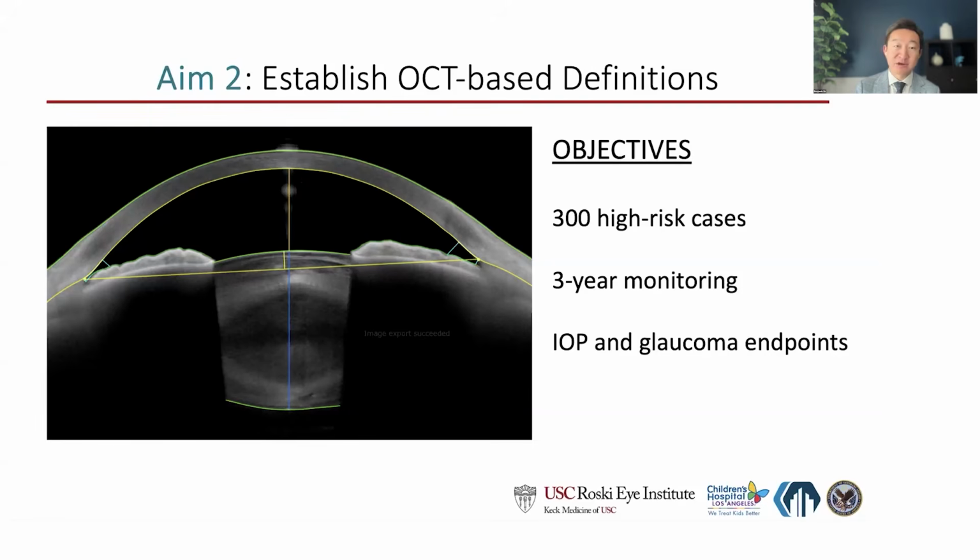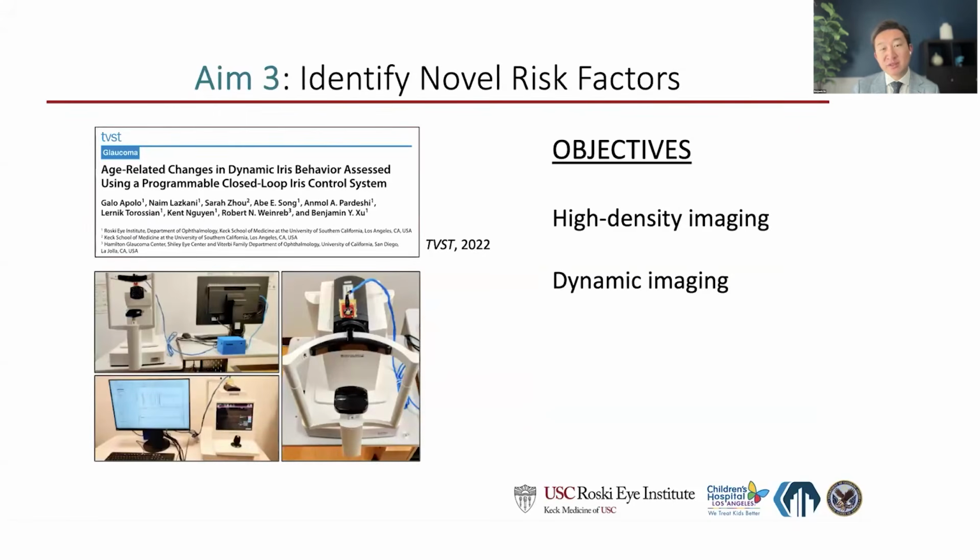These are patients with the most narrow angles who were evaluated in AIM-1, and we're going to be monitoring them over the course of 3 years. And our endpoints here will be elevated intraocular pressure over 21 millimeters of mercury or the development of glaucoma. And so we hope by using these clinically meaningful endpoints that we can begin to interpret what it means to be narrow on AS-OCT.